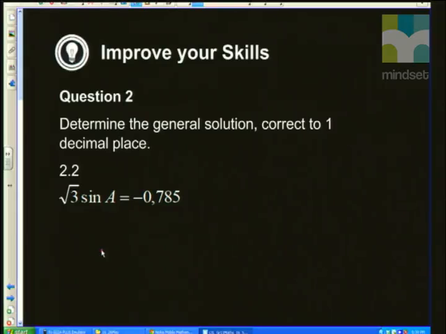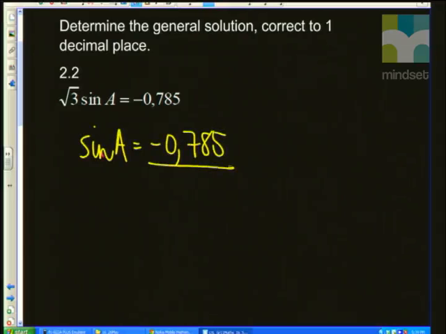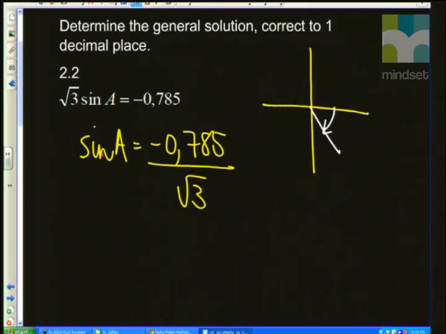I think that was the negative ratio. What happens with the negative ratio? So let's do sine A as a negative 0,785. Let's talk our way through this. If my sine ratio is negative, what angle has the calculator been programmed to give us? The calculator gives us this quadrant 4 angle.